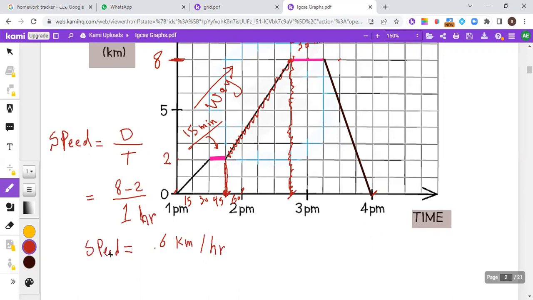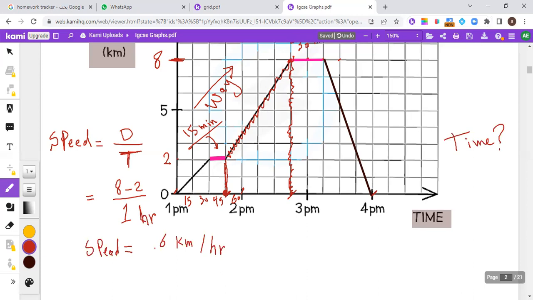So why do we divide by 1 hour here? Because we need to find the distance over time, yes? And the question is, what is the time here?